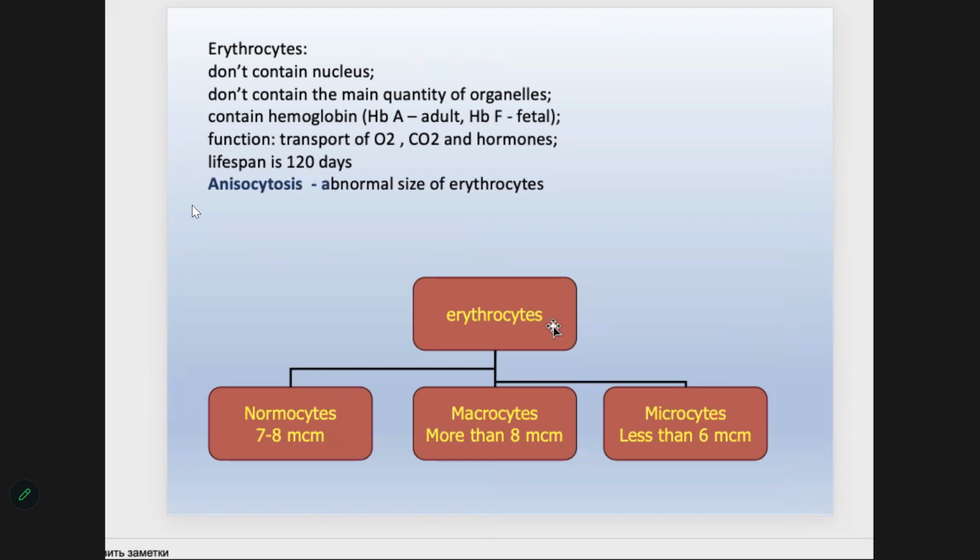In normal condition, the erythrocytes, according to the sizes, are subdivided into three types. Normocytes, the diameter from 7 to 8 micrometers. Macrocytes, diameter more than 8 micrometers.